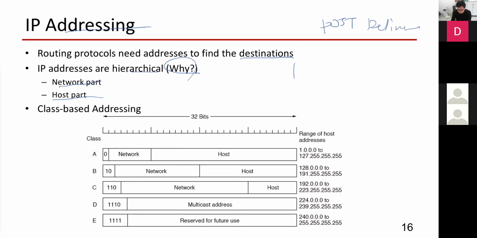In Class B, this portion is assigned to network. Class C, this portion. Class D is about multicast, and Class E. So let's focus on A, B, C first.